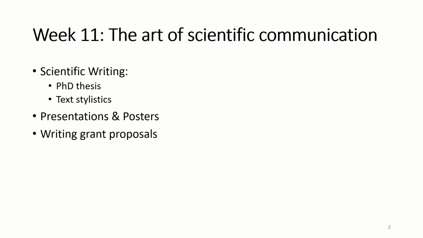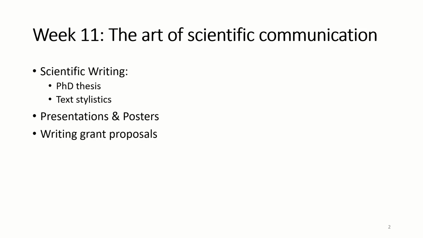So this time we will go through some topics. First is scientific writing. Scientific writing is an important part, in which you have to write a PhD thesis. That is anyway the last part of a PhD, but you also have to write reports periodically, such as progress reviews.